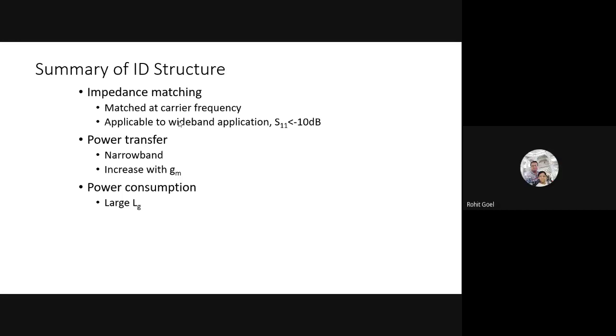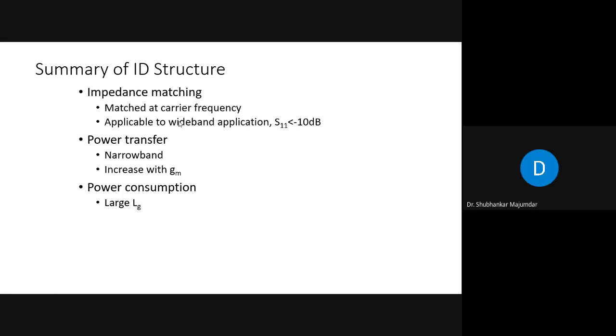Ultra wideband applications are there, but for the band is small. If I am talking about 10 gigahertz, the band is of 100 megahertz. The frequency is 10 gigahertz, the bandwidth is 100 megahertz.